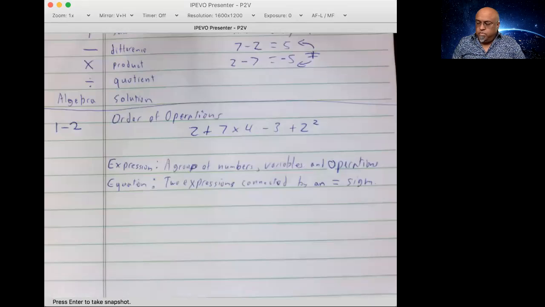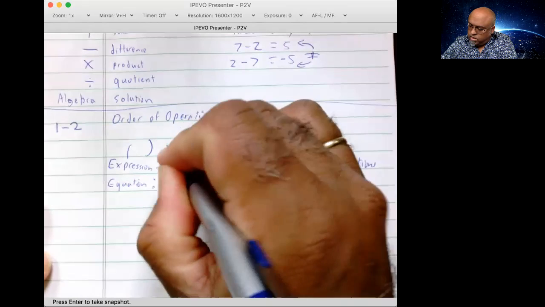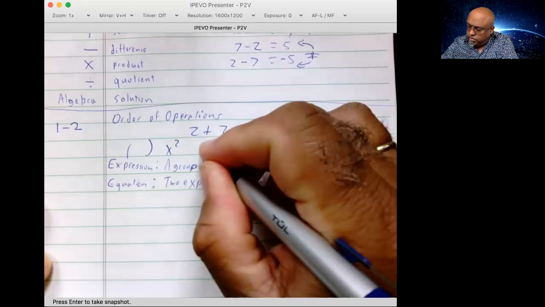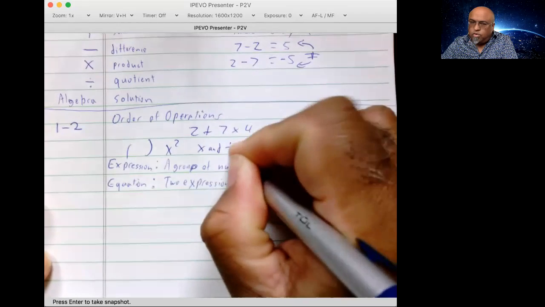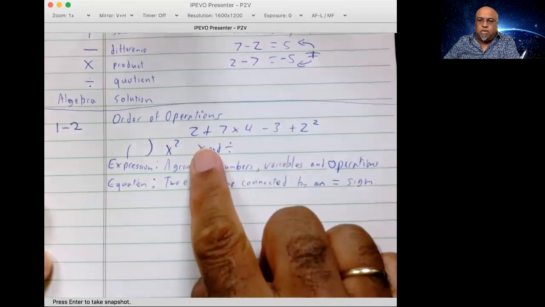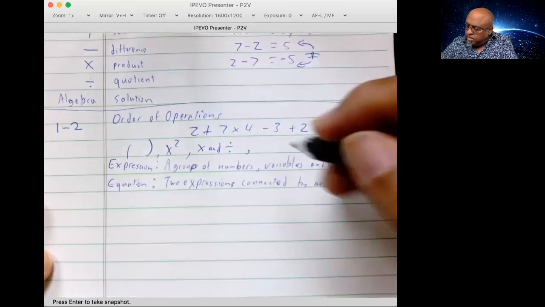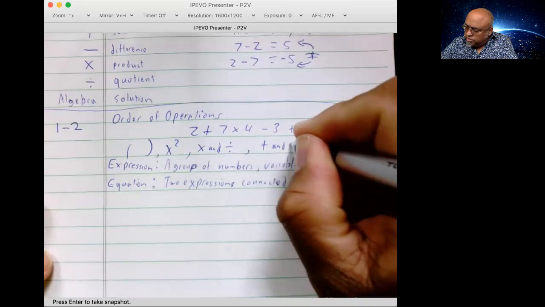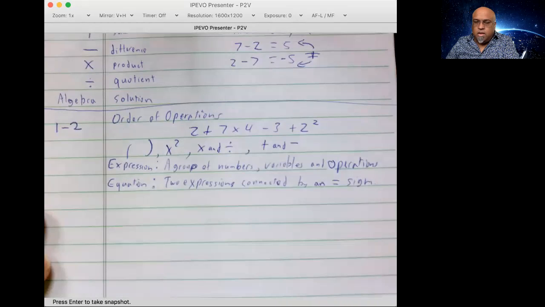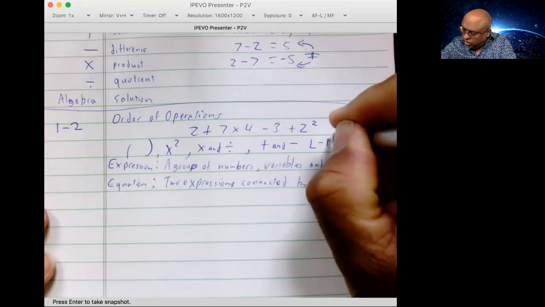But they are parentheses, powers, multiplication, and division, which I want to remind you is considered really one category in order of operations, with commas in between everything, addition, and subtraction, and all of it from left to right.